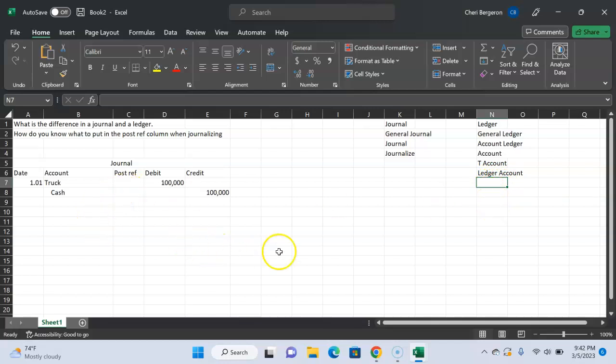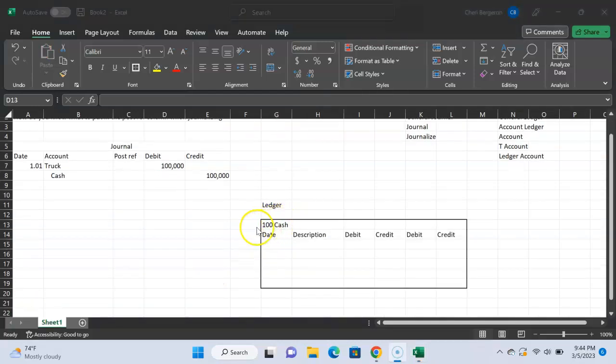So let's go ahead and make a ledger over here. Again, it could have been a T account or it could have been in ledger format. I'm going to make it in ledger format. In this case, cash. This is my first ledger account, and the whole box here is your cash account.